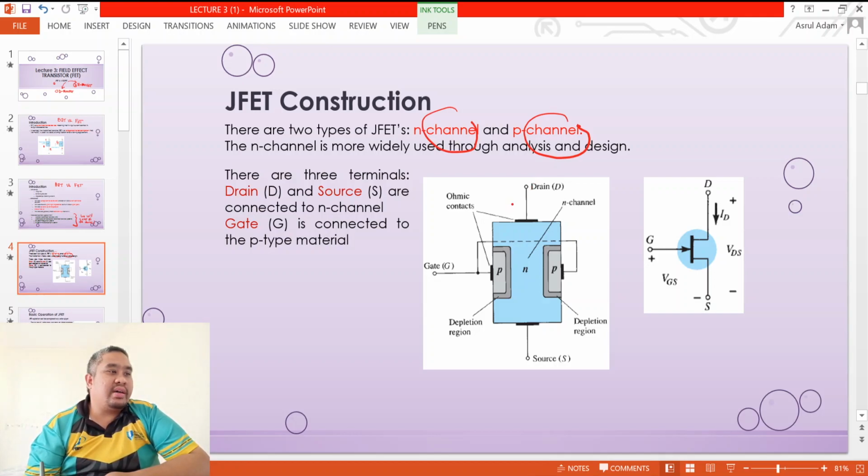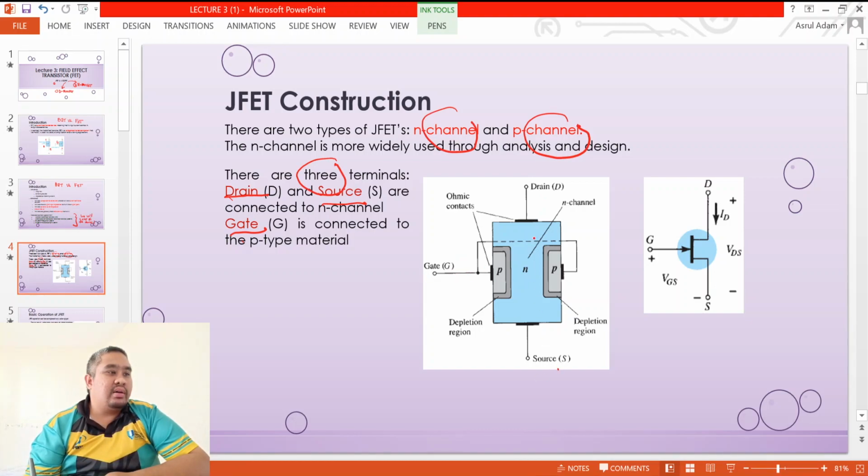As I mentioned again, the JFET has three terminals, which are drain, source, and gate. The gate is connected to the P-type material. This is the JFET construction. The drain is here, the gate is here, and the source is here.